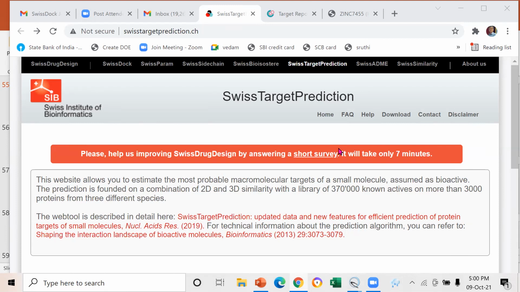If it's a new molecule, suppose you are synthesizing in your lab and it has shown some good TB activity, I want to know whether any human targets are there, so I can use this. For existing drugs, every data is available.